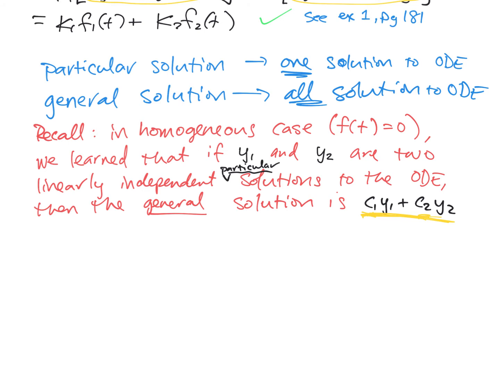Just like in the homogeneous case, we had these two degrees of freedom, which made sense because we have a second order equation. In our first order equations, we usually only had one constant, and in our second order, we have two. So we'll expect that even in the non-homogeneous case, we'll need these two constants also.